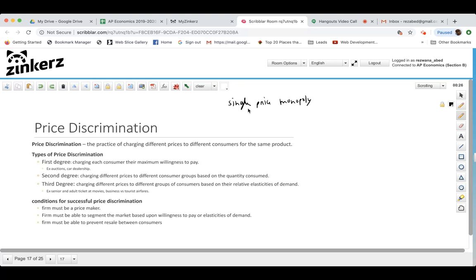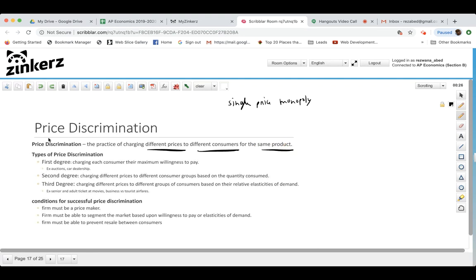Up until now, that is what we have been talking about, that they're always charging the same price to different consumers for the product that they're selling. But in reality, we actually see price discrimination, which is the practice of charging different prices to different consumers for the same product.